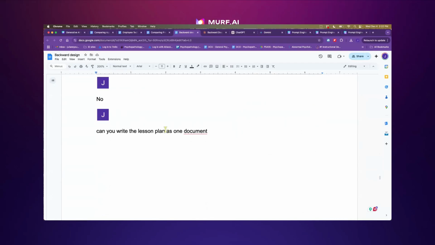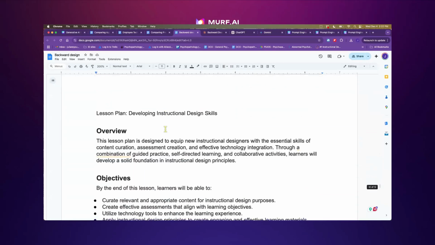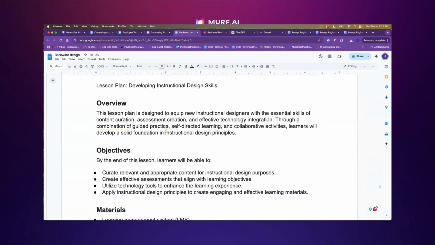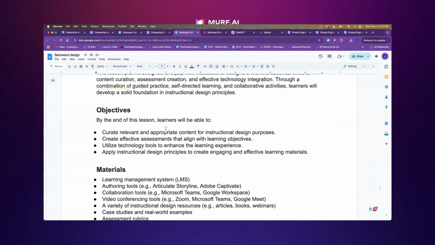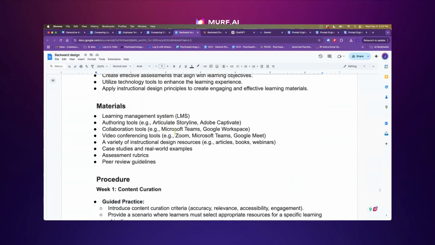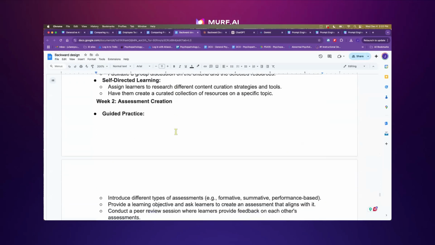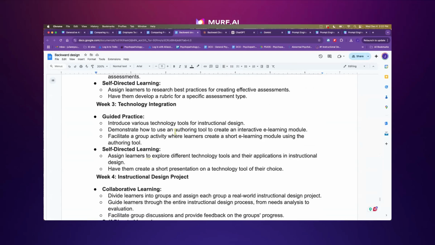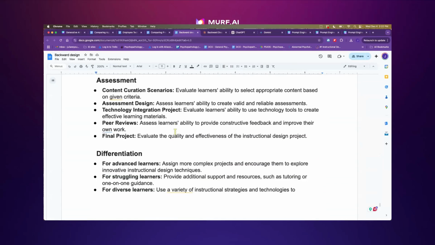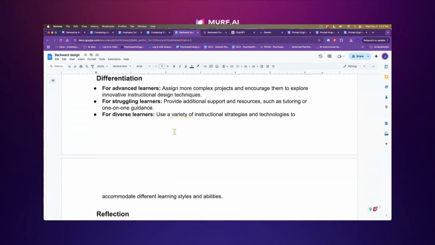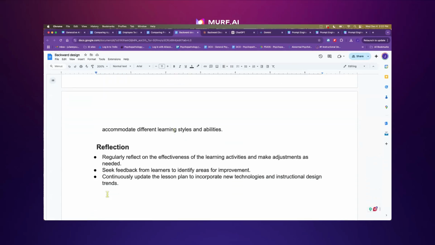This whole conversation with ChatGPT took me 5 to 7 minutes. Here we have an entire lesson plan: our overview, our objectives, our materials, procedure for each week, all the assessments, any differentiations that we might have to do, any accommodations, and any reflections.